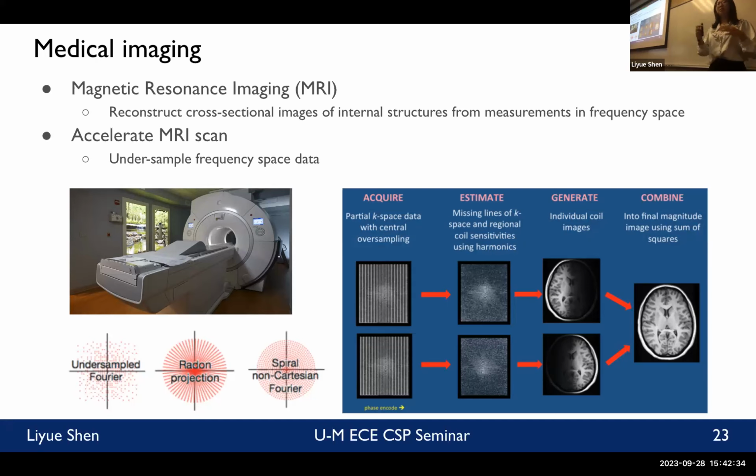If we could undersample the MRI, or have advanced reconstruction algorithms that could reconstruct artifact-free MRI images from the undersampled K-space data, that could also accelerate the MRI scanning, which is quite slow for the current clinical protocol. So this is another motivation why we want to do this kind of undersampling for MRI image reconstruction.